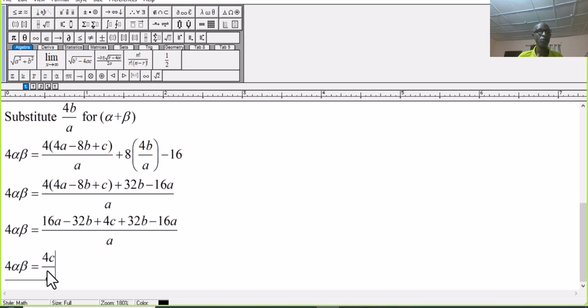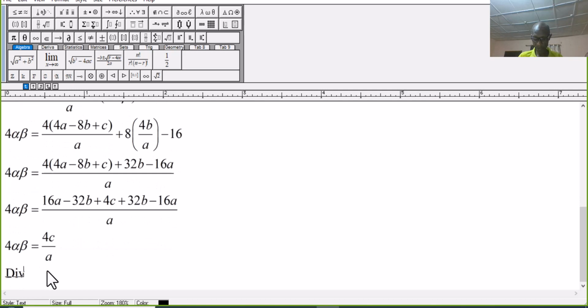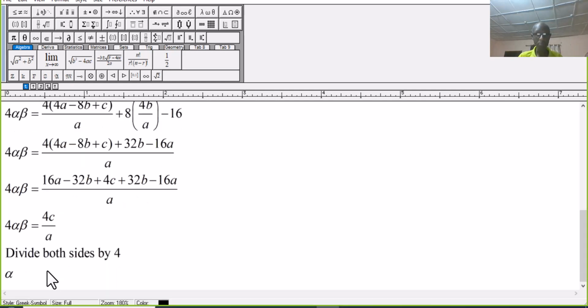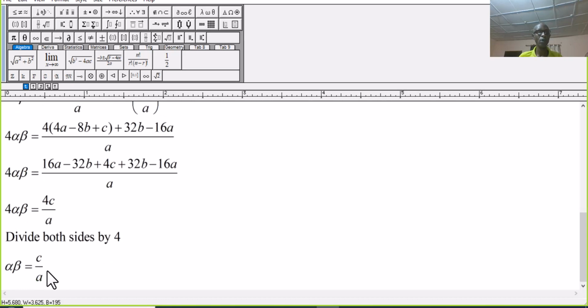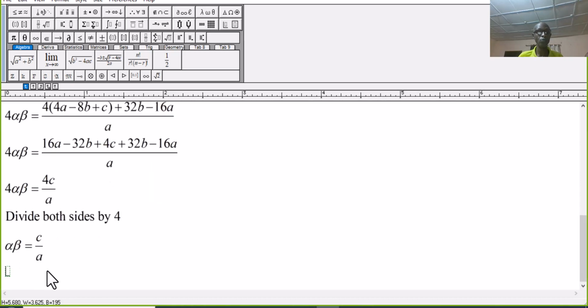over a. So divide both sides by 4. So if you do, we have alpha beta is equals to c over a. That's what we will have for alpha beta. So we know our alpha plus beta is 4b over a.